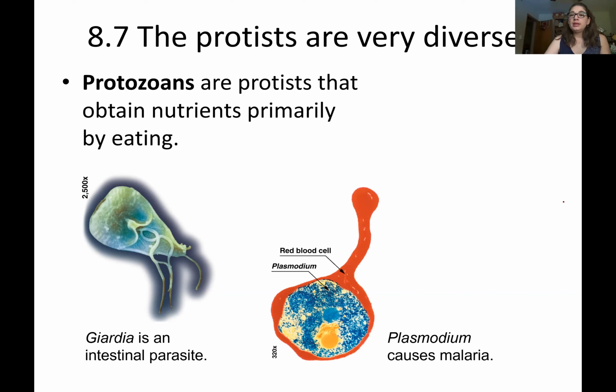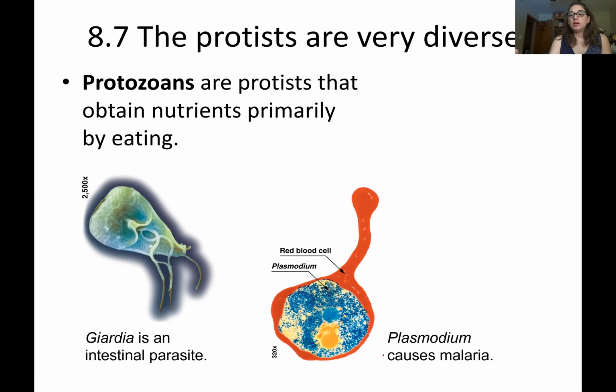Plasmodium is an infectious protist that causes malaria. I've not had malaria, thankfully. Whenever you travel somewhere where malaria is common, you take a prophylaxis, which basically helps prevent you from getting sick from malaria.